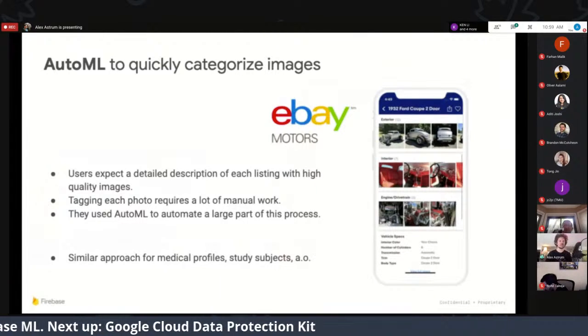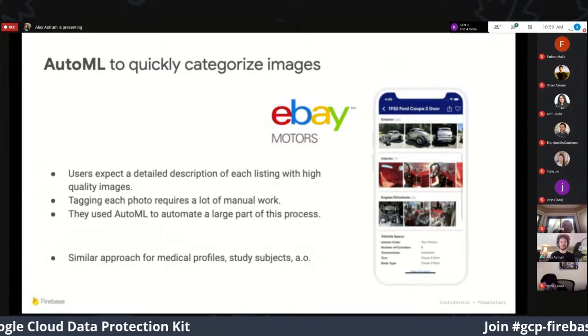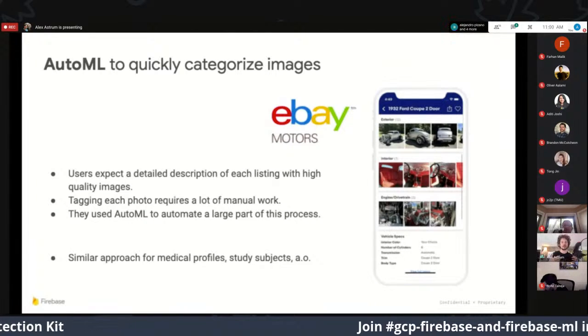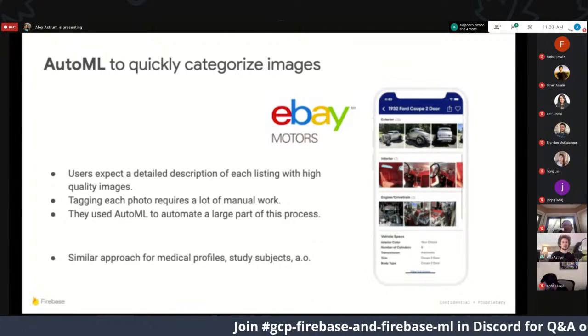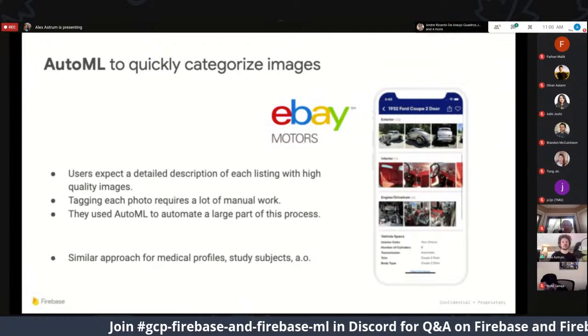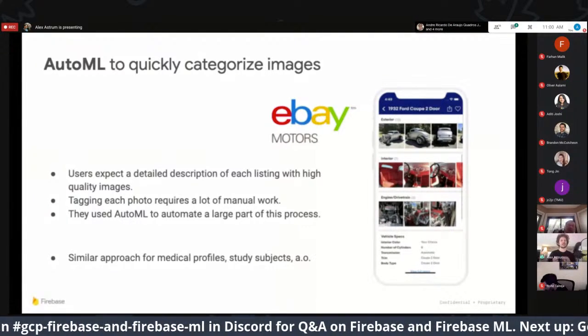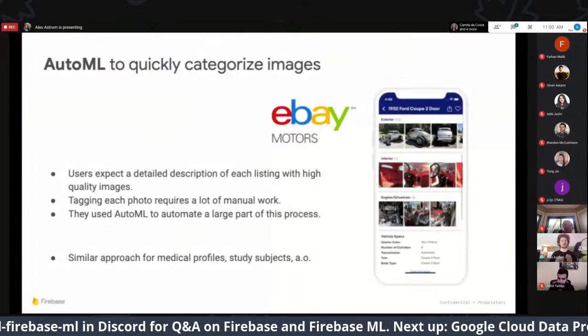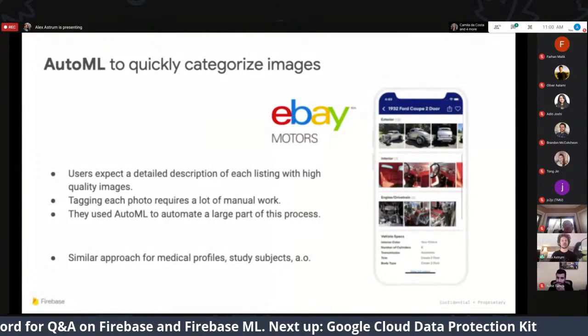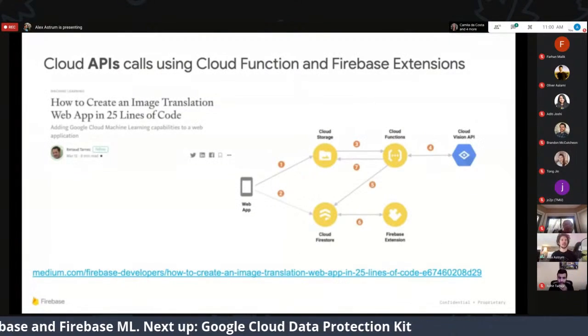In a similar way, you can sort pictures in a study group or in a customer profile to remove the ones that are not relevant, or to extract only the ones that are interesting for processing by another model.